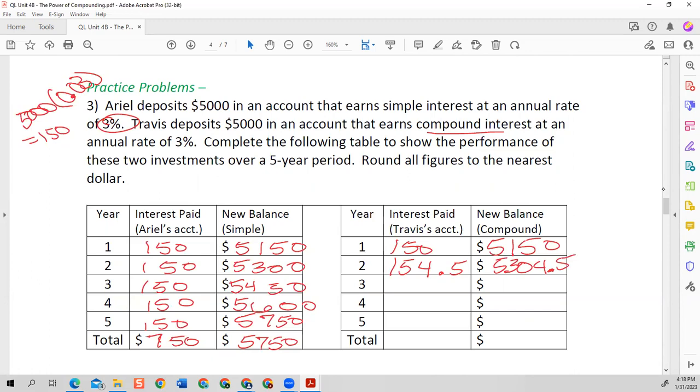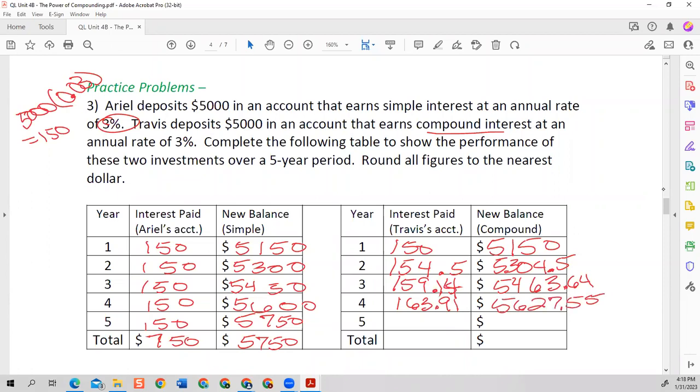Okay, we're going to take that 5,304.50, multiply it by 0.03, we get 159.14, right? And then we're going to take that and add it on to the 5,304.50. And then we're going to multiply that by 0.03. And we're going to get 163.91. Add it on and get a new amount.